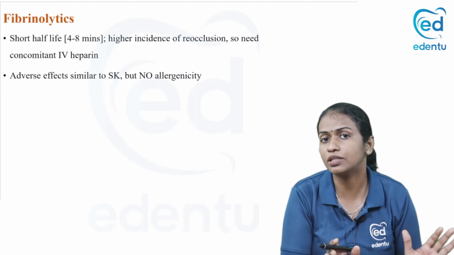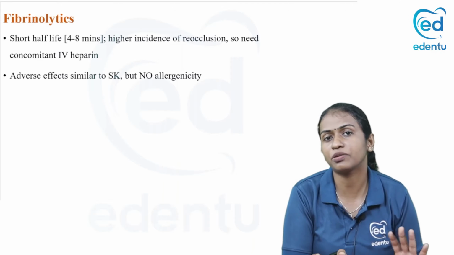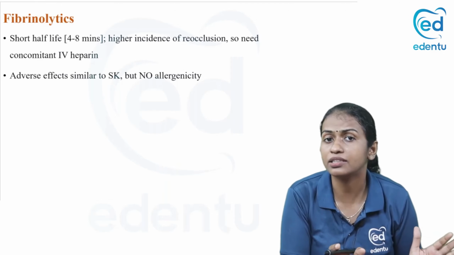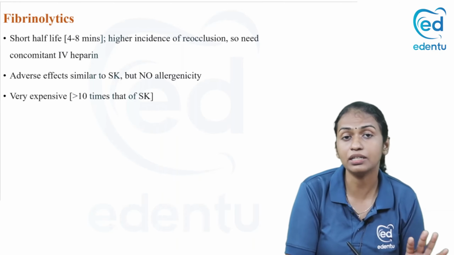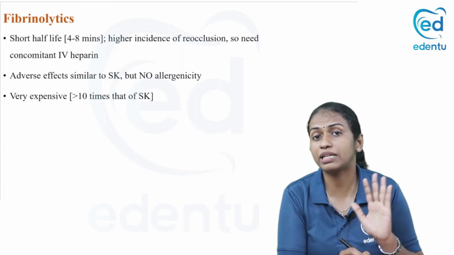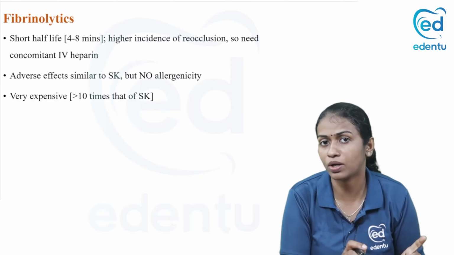Adverse effects are similar to streptokinase, mainly bleeding. But since it is derived from recombinant DNA technology, there is no antigenicity or allergic reaction. But it is around 10 times more expensive than streptokinase. If one vial of streptokinase is 2000, the price of alteplase is 20,000 for one vial.